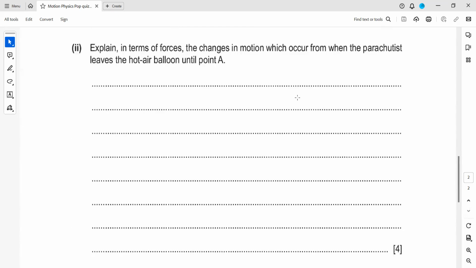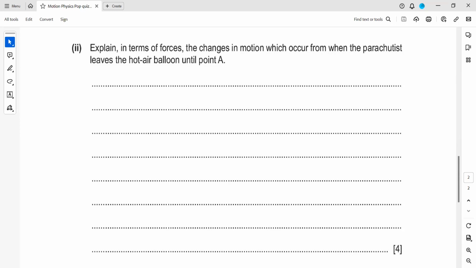Explain in terms of forces the changes in the motion which occur for a parachutist from when the parachutist leaves the hot air balloon until point A. So how do we explain the motion of the parachutist?